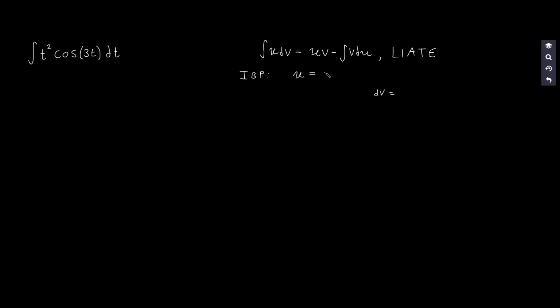And that's in front of the trigonometric function, so we'll have u set to t raised to the power of 2, and cosine of 3t will be set to dv. Well, the derivative of t raised to the power of 2 is going to be 2 times t dt.